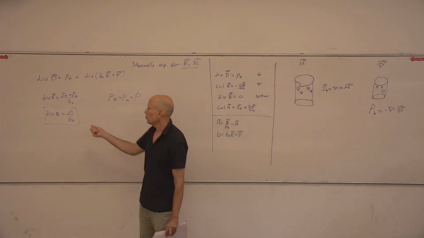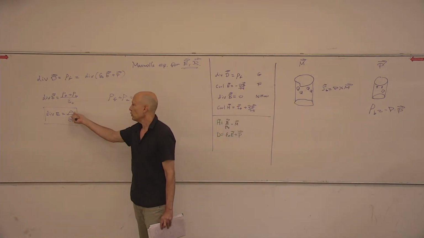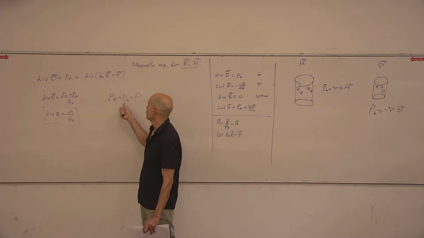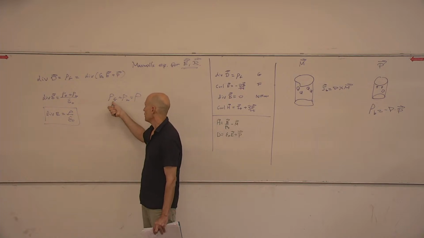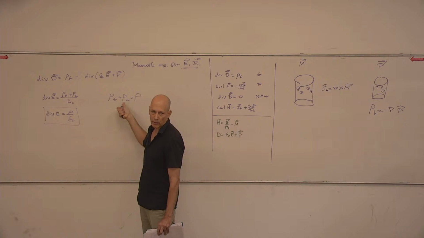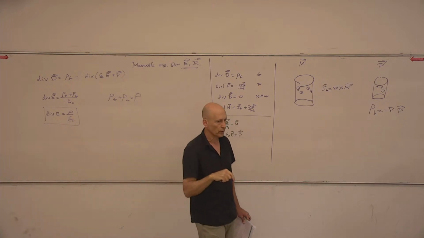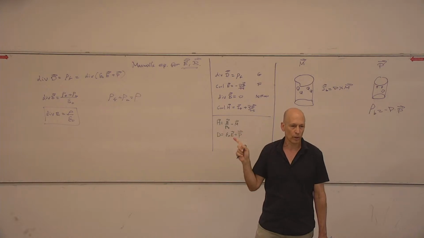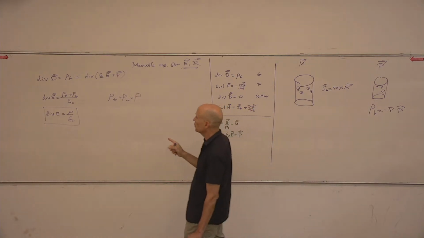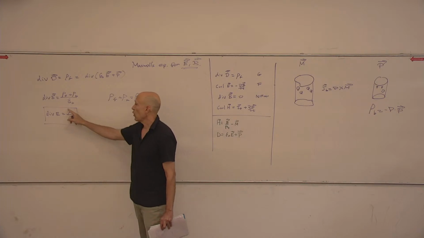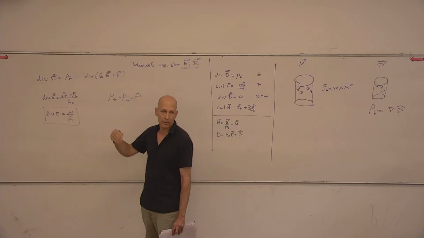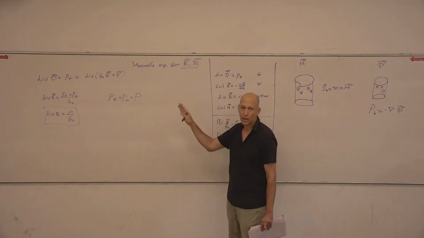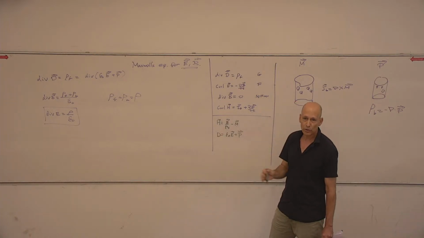But if you want to say what rho is, you need to know the free charges and you need to know this rho B, and that means you need to know the polarization. So I'm hiding inside something that is in general difficult to say what it is.